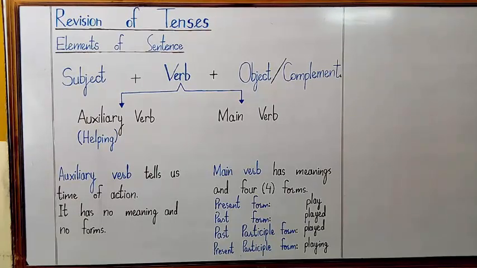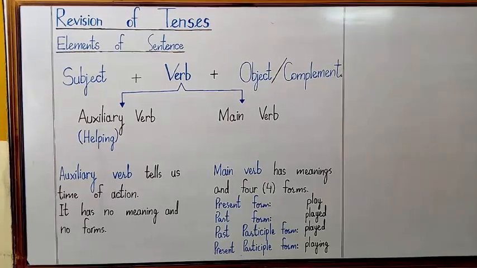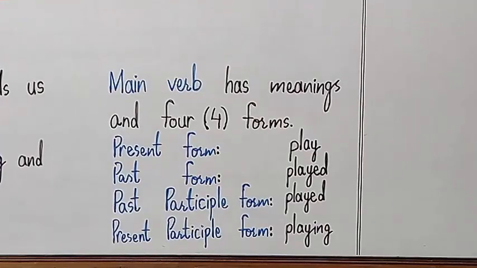And I have exemplified you. Let me focus on this. Yes, here you are. I have used the verb play in all the four forms here. Play itself is present form, which means first form. The past form or the second form of play is played.